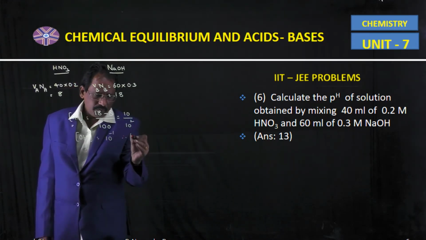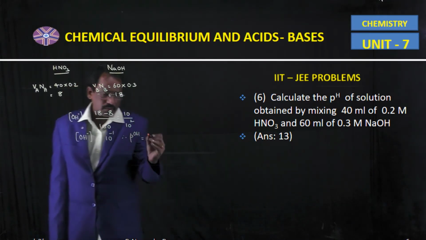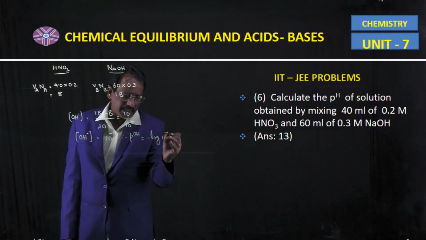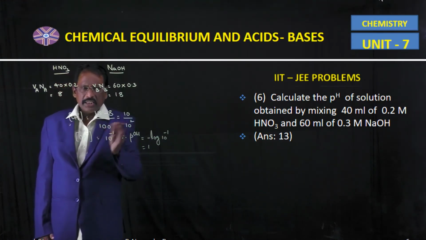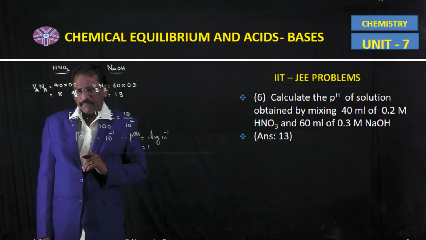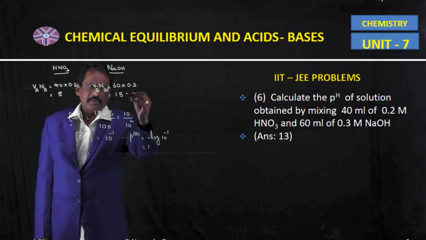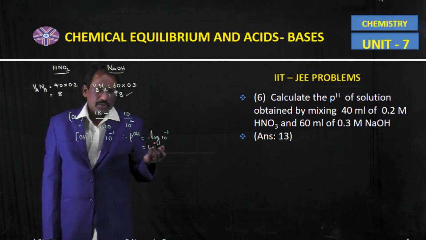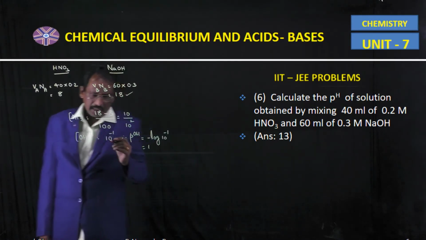Therefore, pOH of this solution is equal to minus log 10 power minus 1, that is equal to 1. This mixture of these two solutions shows more basic nature. So pOH of the resultant solution is equal to 1.